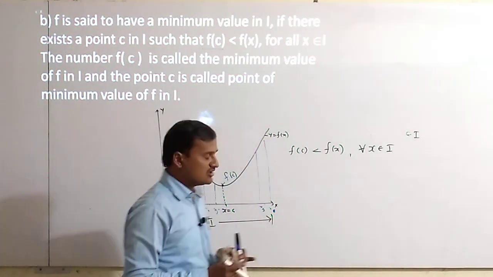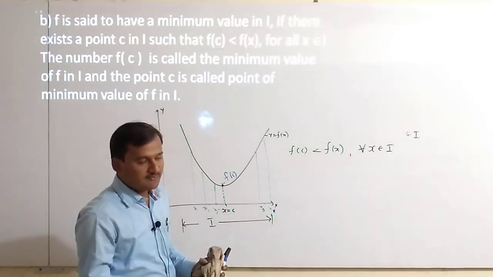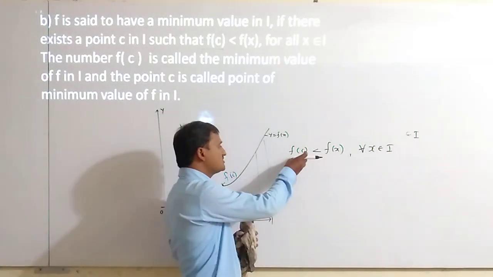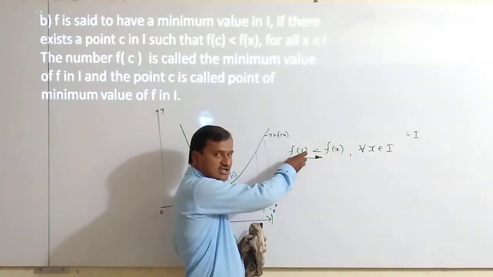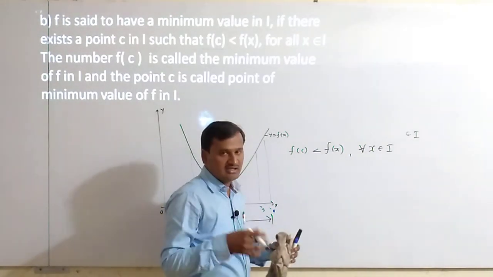For all x belongs to I means in this interval you take any number and take the functional value, and the functional value at c is always less than the functional value at x.